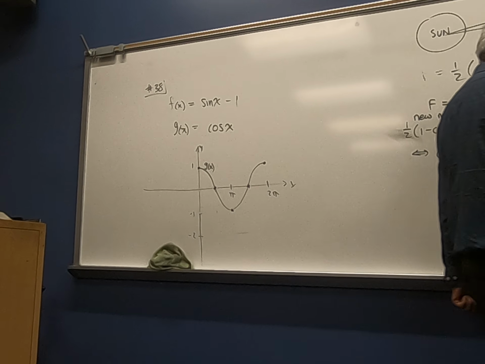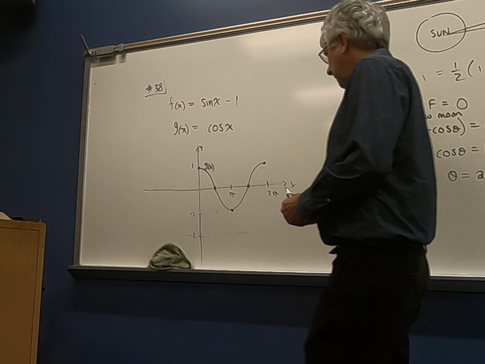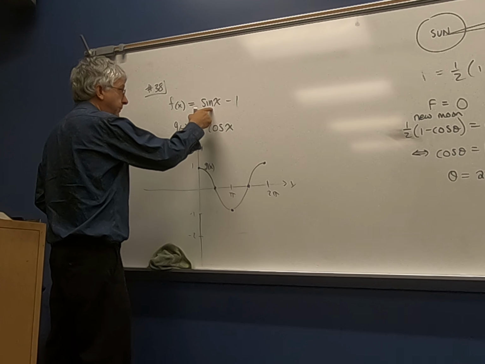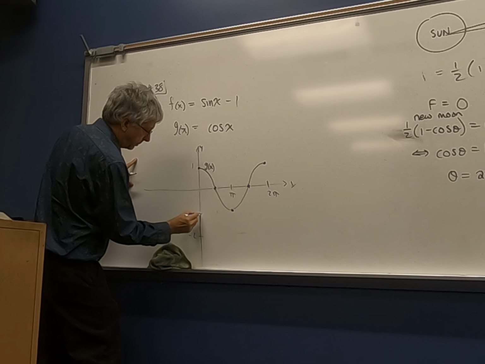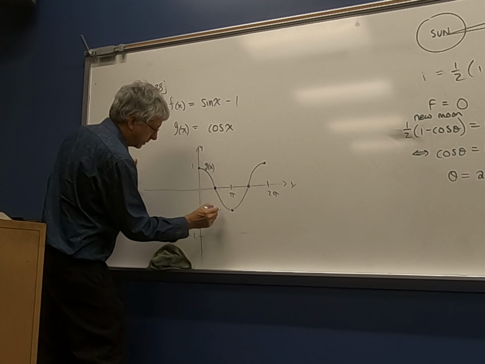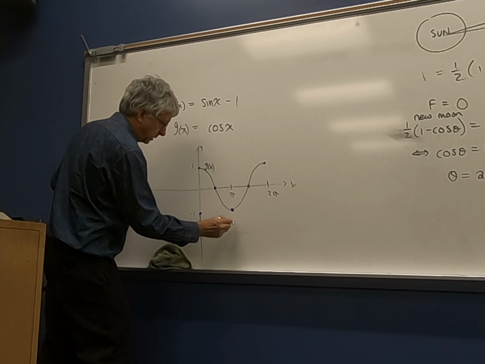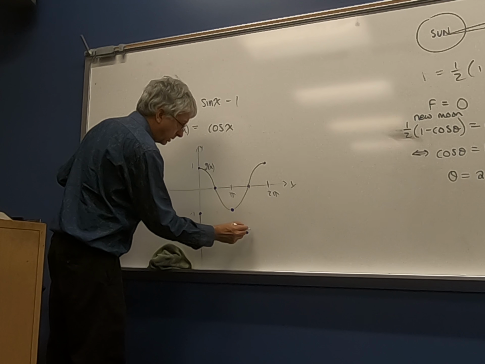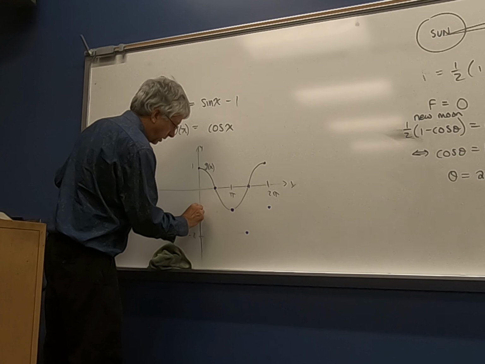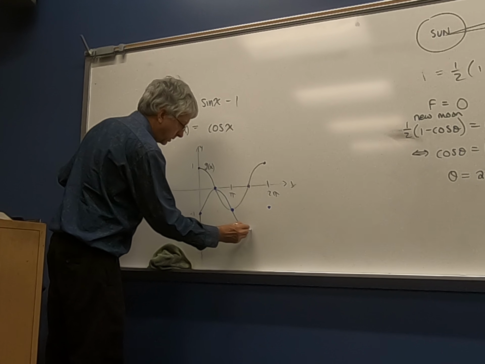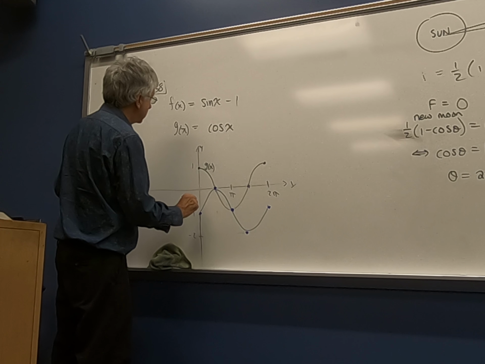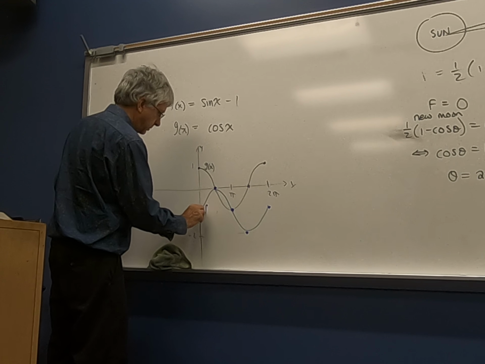F of x, well, that's going to be the sine curve shifted down 1. So we start at equilibrium. We go, oh, there's a point of solution. Back to equilibrium. Oh, there's another point of solution. Another one here. And we see this is g of x. Oh, sorry, this is g of x, this is f of x.